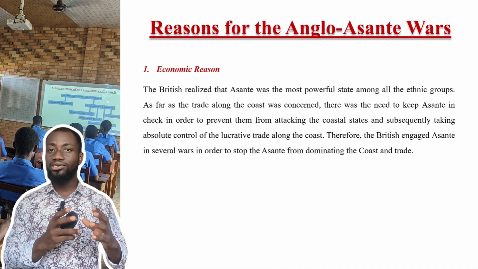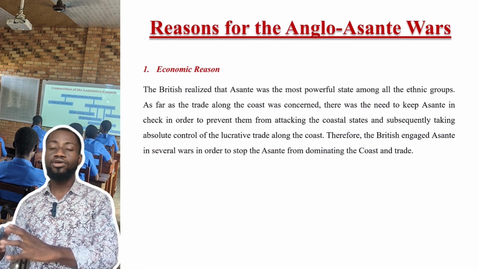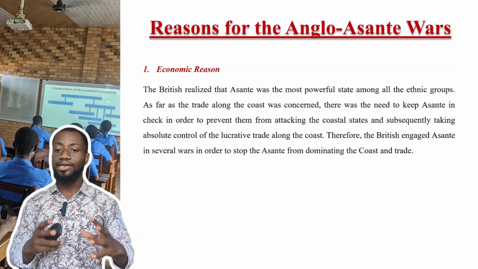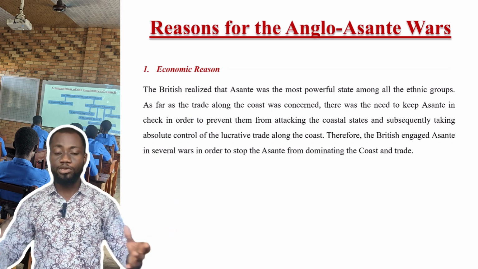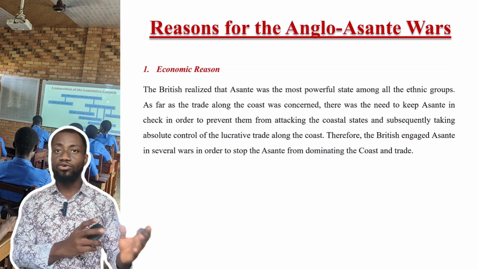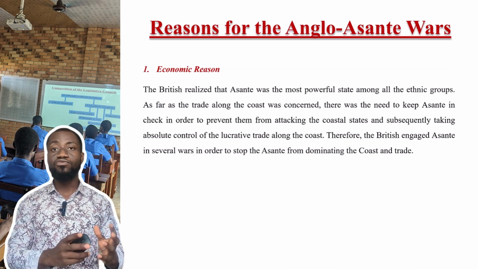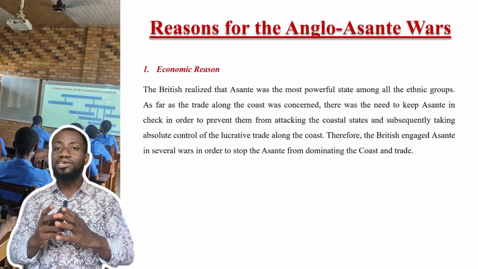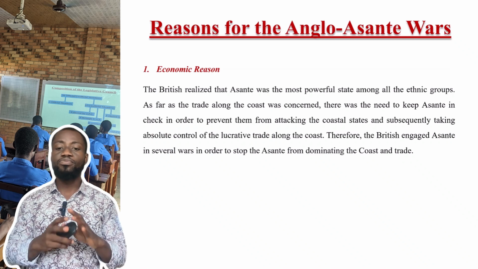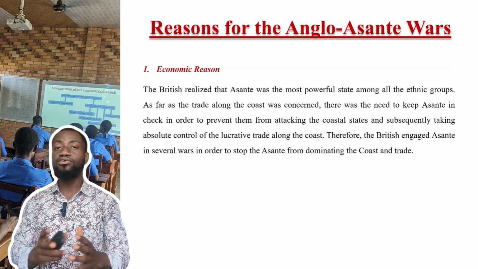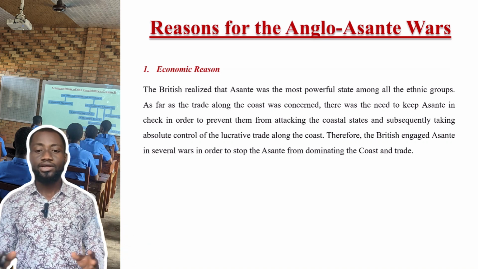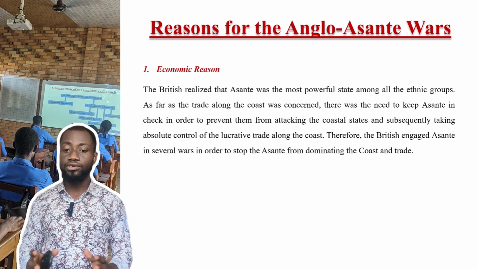And so the British, after arriving along the coast, realized that the Asante were the most powerful ethnic group among all the people who lived in the Gold Coast at that time. And as far as trade was concerned, there was the need to keep Asante in check in order to prevent them from attacking the coastal states and subsequently taking absolute control of the lucrative trade along the coast.